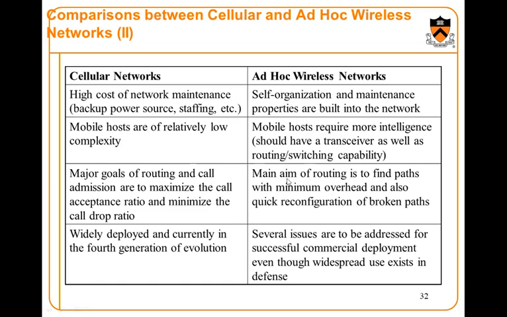While in ad hoc networks, the main focus is on routing, to find a path with minimum overhead and also quick reconfiguration of broken paths. Cellular networks are widely deployed and now moving toward the fifth generation.